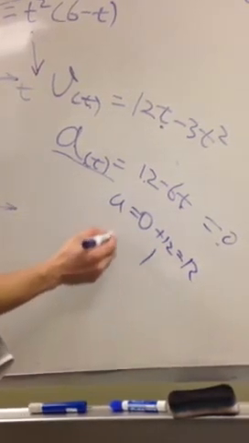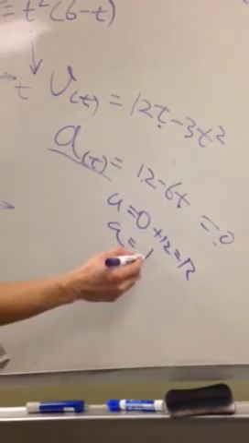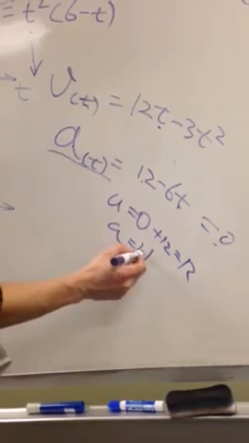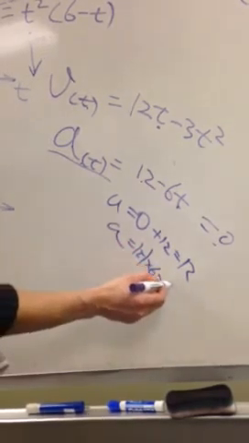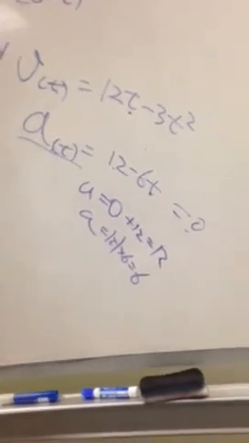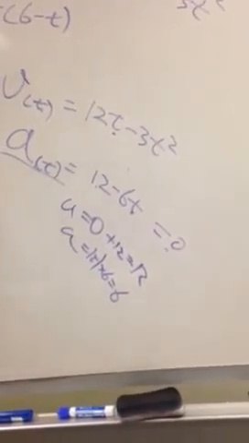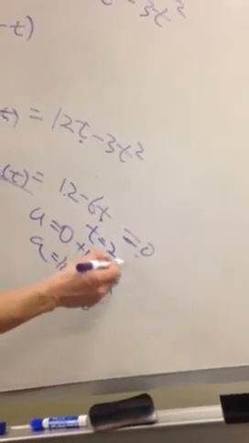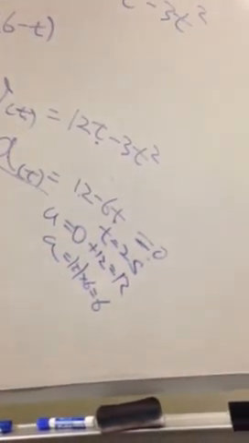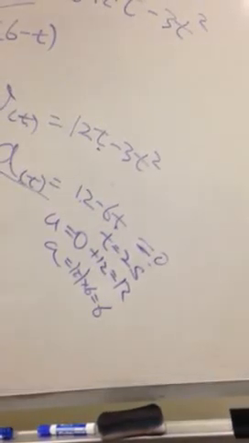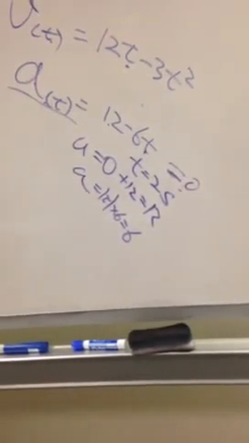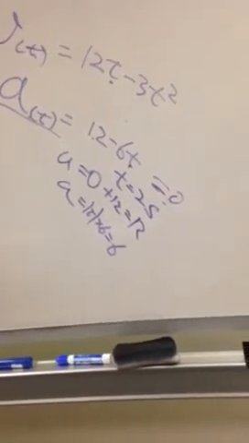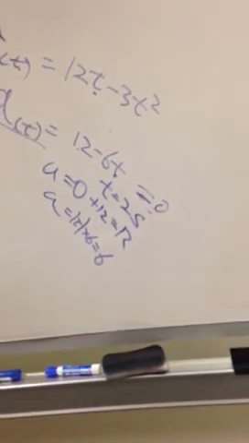At 1, a is 12 minus 1 times 6, which is 6. So it's still accelerating. But when you set it to 0 at t equals 2 seconds, it stopped accelerating. It started to slow down. So at that time point, it reached the maximum speed.